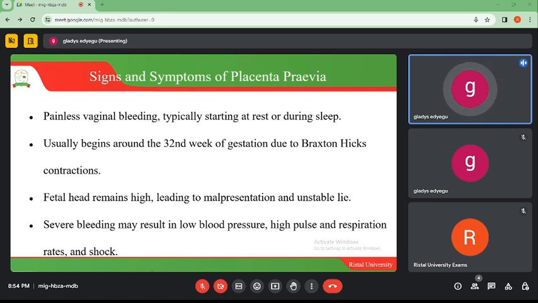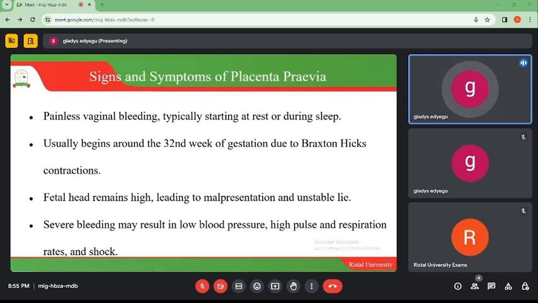Then the fetal head remains high. We looked at one of the diagrams where the baby was lying on top of the placenta and was above the pelvis. This can lead to poor engagement of the presenting part, and the presenting part remains very high, and this mother may not be able to deliver normally because the head stays high.